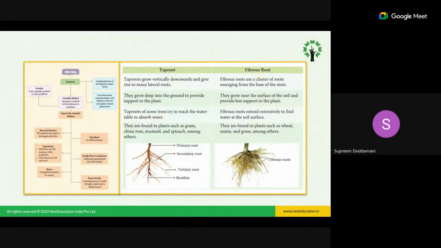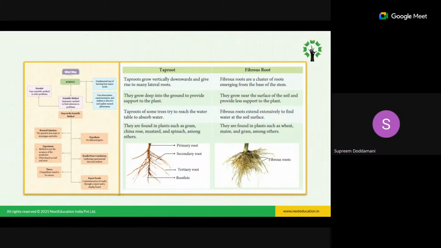And above that, you can see how the concept is explained. With the explanation, the differentiation is also given. So there is not much difficulty in understanding. The child will go through the diagram and the explanation as well as the differentiation between these two concepts, right?